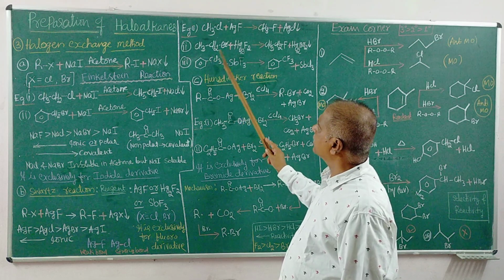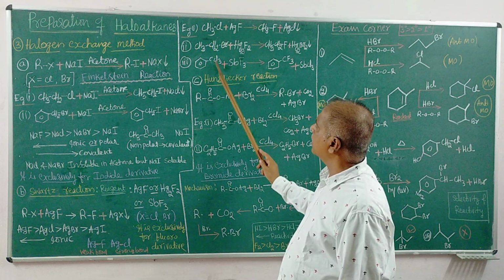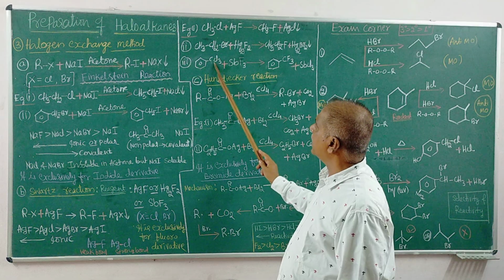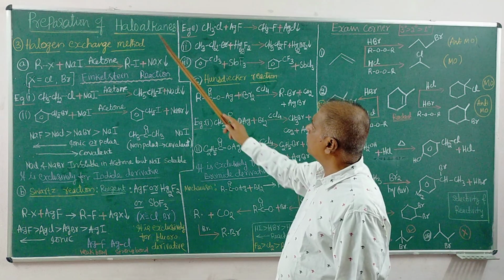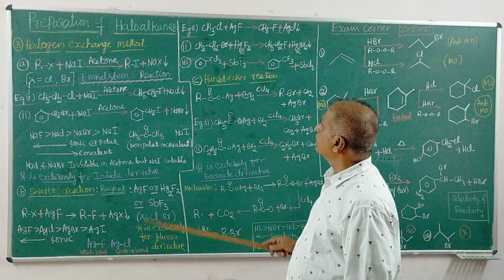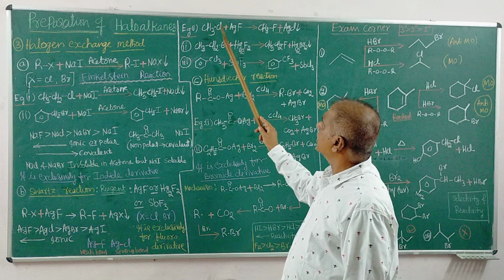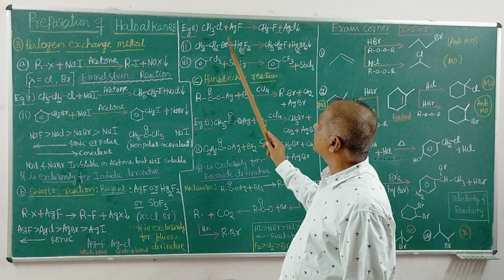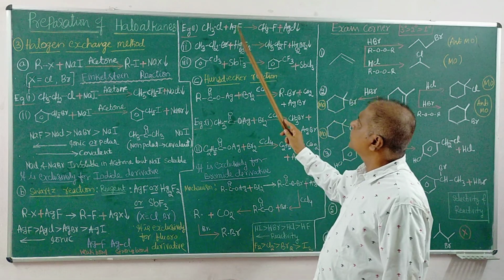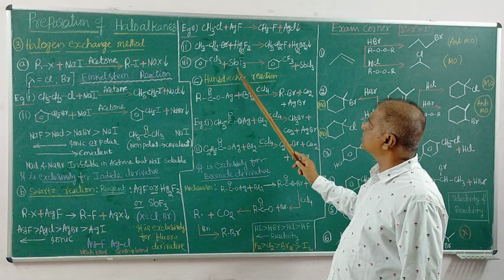It is an alkane connected to an aromatic ring. But in the reaction, it becomes a haloalkane group. So this is CCl3, this is Br. These can be replaced by F using this reagent or this reagent or this reagent.